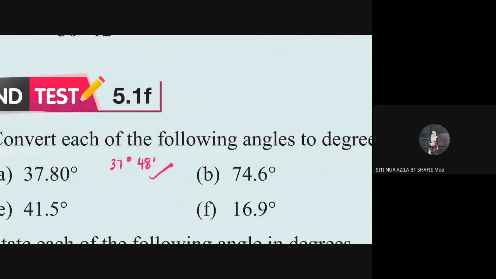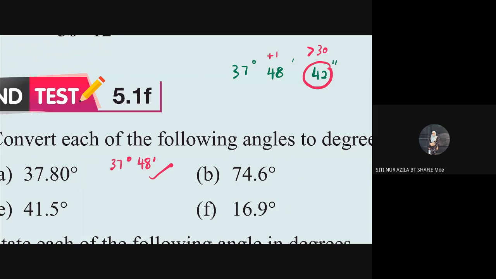But sometimes you get from your calculator 37 degree 48 minutes, and then the seconds value is bigger than 30. For example, 42 seconds. If you have anything bigger than 30 in the seconds section, you are going to plus 1 here, because the question asks you to show your answer in degrees and minutes only.